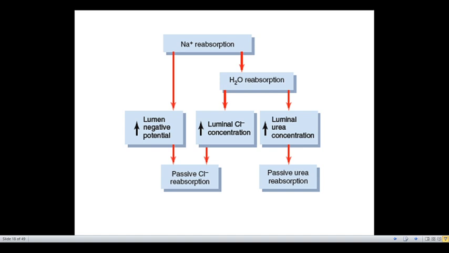The figure highlights the mechanisms by which water, chloride, and urea reabsorption are coupled with sodium reabsorption.